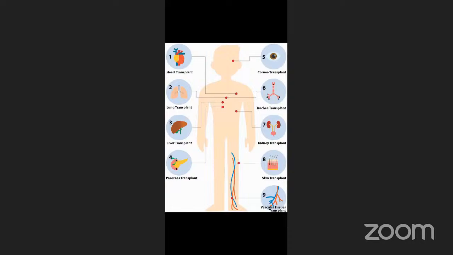Simply, from the donor, the recipient will receive an organ, and that organ, or transplant, is called a graft, which is a specialized organ.